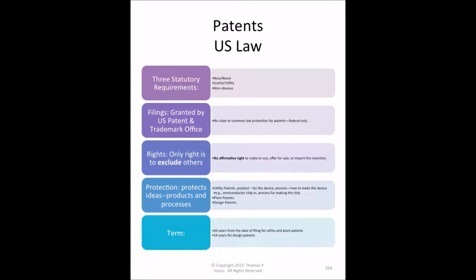You would get a patent on that particular chip and the design of that chip, meaning the configuration and layout of the pads and the conductivity lines, etc. But that would be on the product itself.